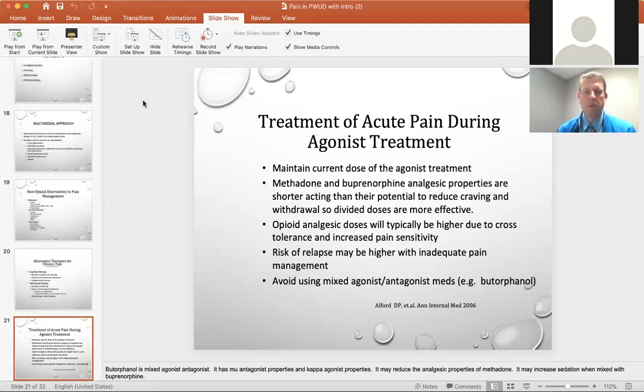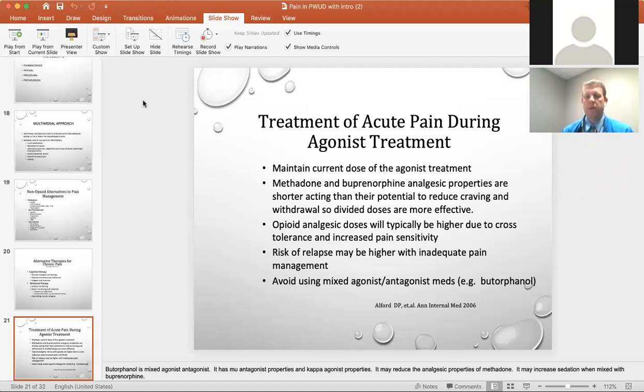It used to be, and maybe some of you remember, that when we first started using buprenorphine, the recommendation was to stop the buprenorphine, start full opiate agonists, like morphine or hydrocodone, and continue that through the surgery, then restart buprenorphine some number of days after the surgery so that the patient could get opiates to treat their pain. We didn't think that patients could get analgesia from opiates while they're on buprenorphine. But that turns out not to be the case, really.